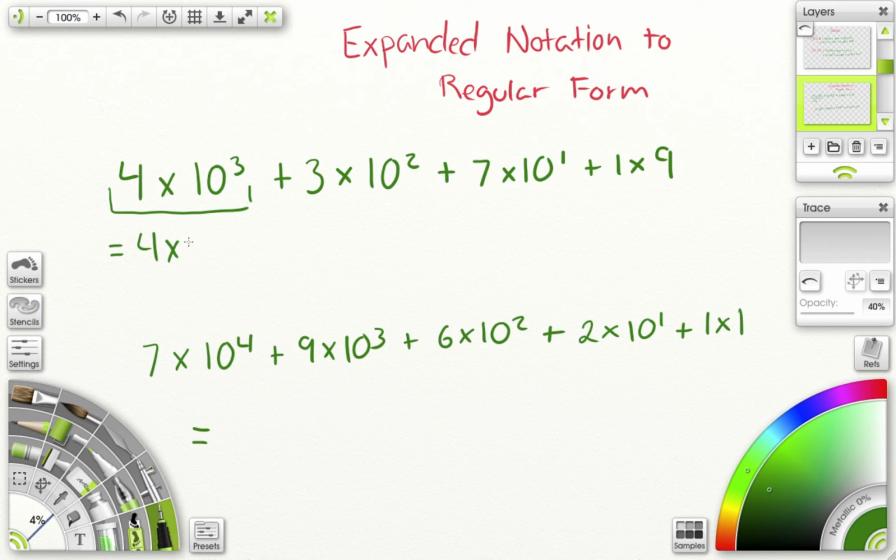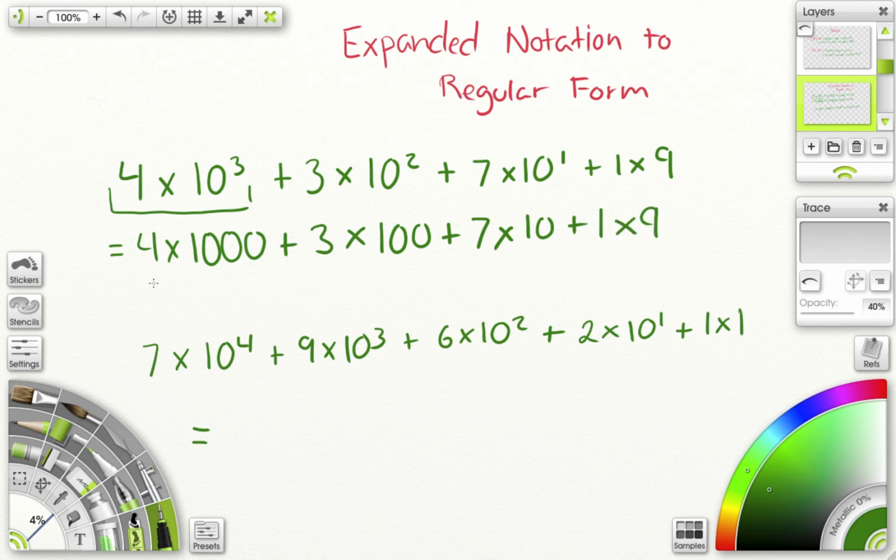So that's 4 times 1,000 plus 3 times 10 to the power of 2. 10 times 10 is 100, plus 7 times 10 to the power of 1. So 10 to the power of 1 is just 10, plus 1 times 9.